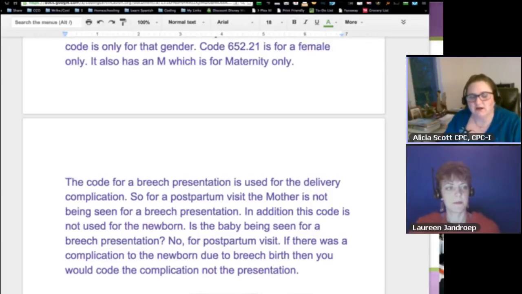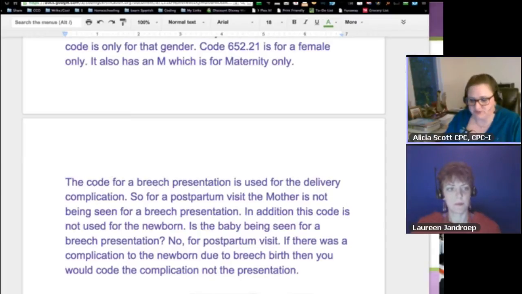There'll be male and female symbols for codes that are only used for male and female. So if you see the code for a female, that's a heads up that it can't be on a baby's chart, because you've got a male or a female baby, right? And on top of that, there's an M in that guide, and the M stands for maternity only. So that's another little warning sign for you.